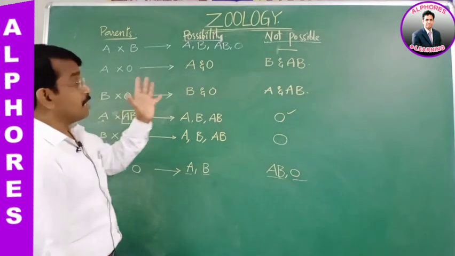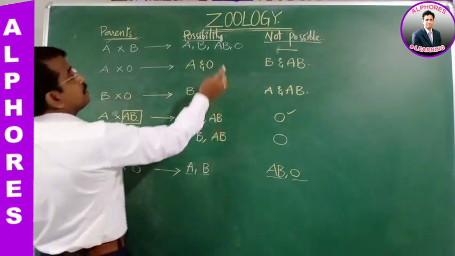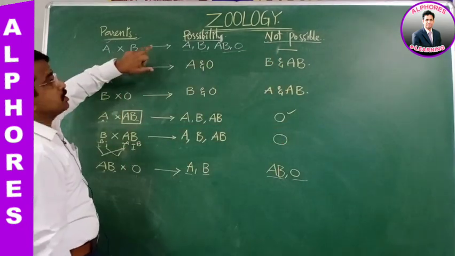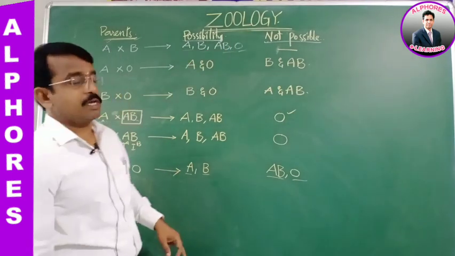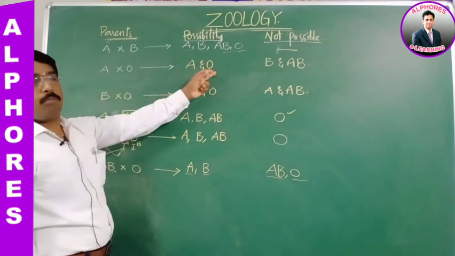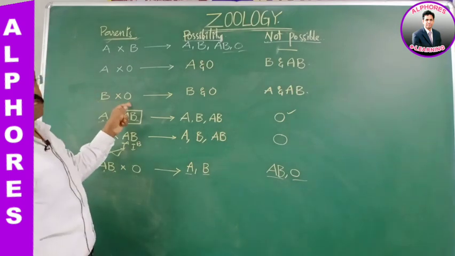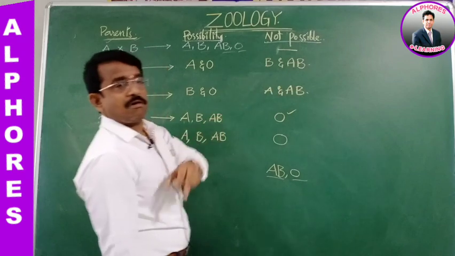And the different possibilities: if the parents are A and B heterozygous, all possible blood groups have a chance. Next, if the parents are A and O, A and O are possible, B and AB are not possible. If the parents are B and O, B and O are possible, A and AB are not possible.